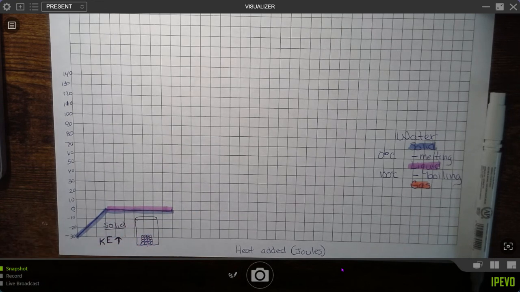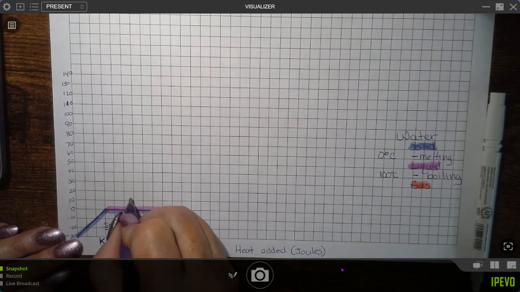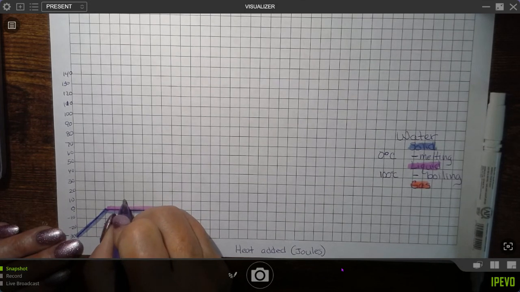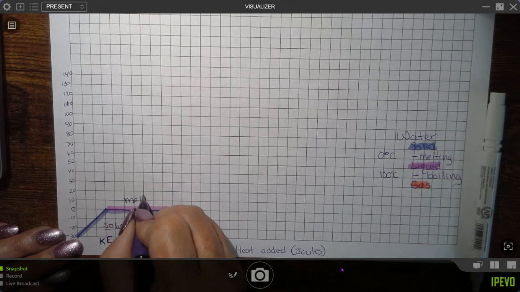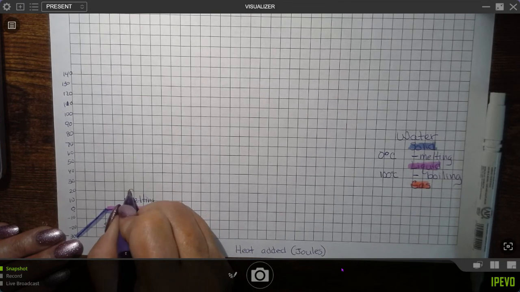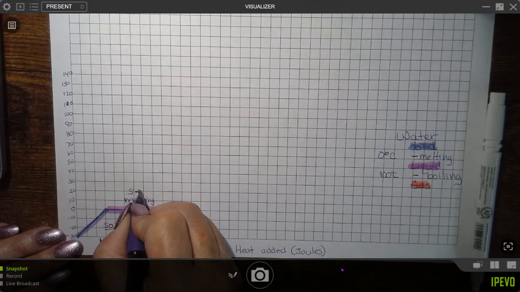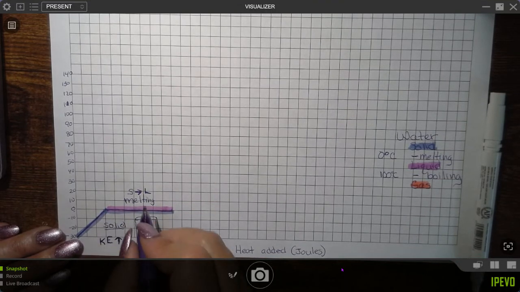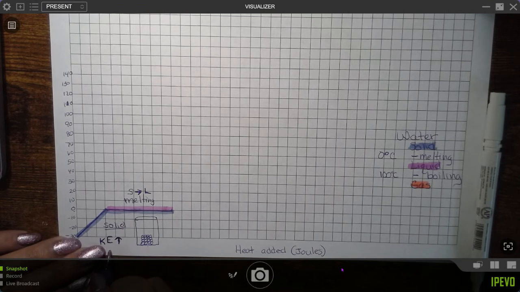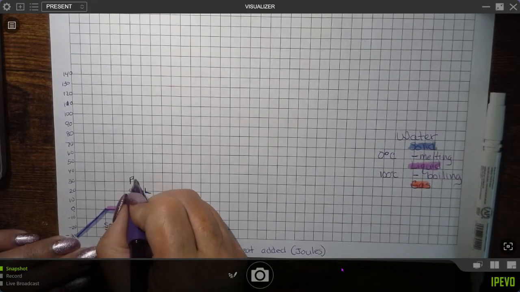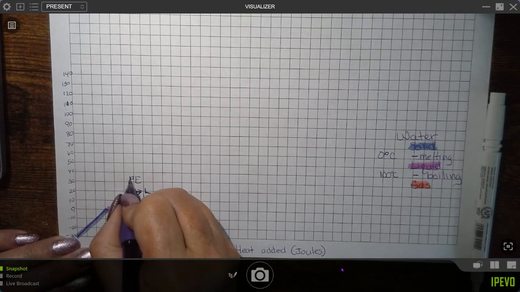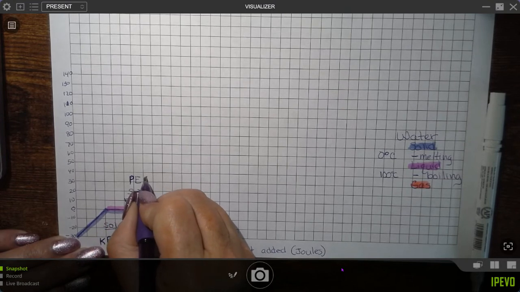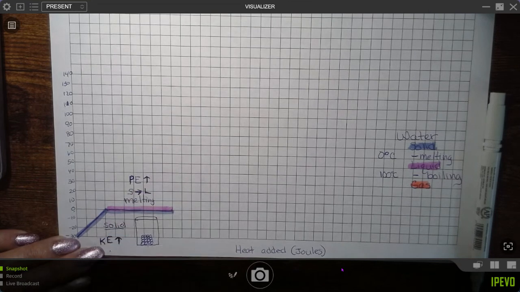So along that plateau we have both solid and liquid present, and the substance is melting, going from a solid to a liquid. That energy isn't raising the temperature or increasing the kinetic energy anymore; it's increasing the potential energy. PE, potential energy, is increasing along the plateaus.